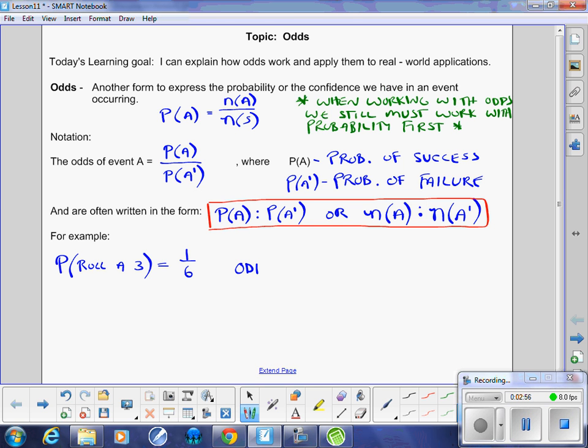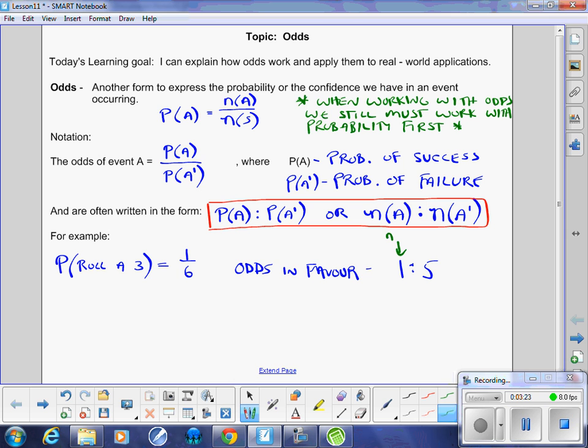So odds in favor. How many ways can we be successful? N of A. Well, there's only one way I can succeed at rolling a 3. Which would mean there are 5 ways I could fail, because I could roll a 1, 2, 4, 5, 6.